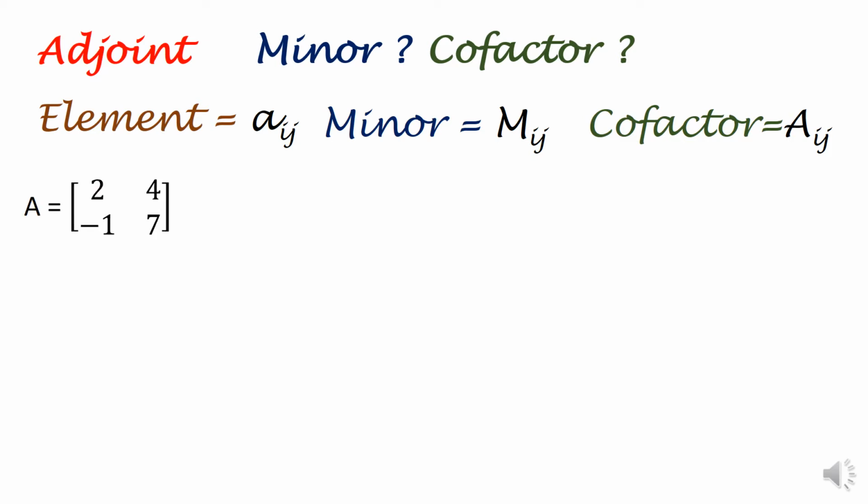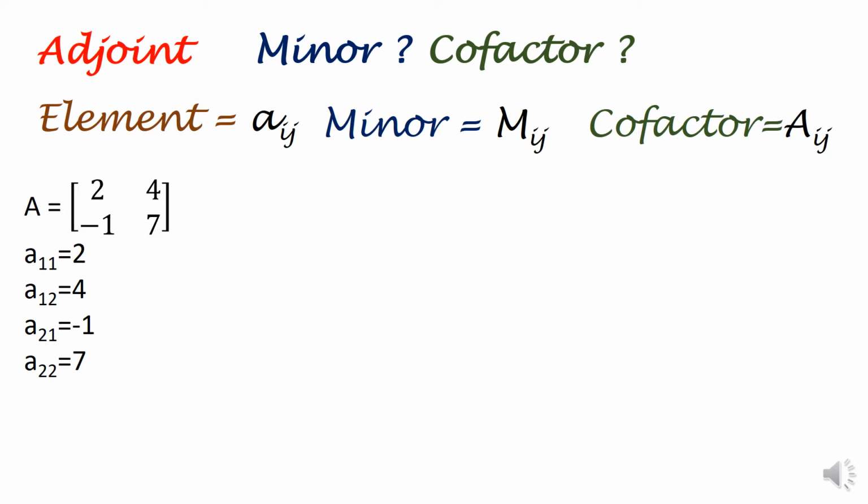Now take an example. Suppose A is a matrix containing the rows 2, 4 and -1, 7. That is, it is a 2 by 2 matrix. Here, the element a11, that is the 1/1th element, is 2. Similarly, a12 is 4, a21 is -1 and a22 is 7, as you can see over here.